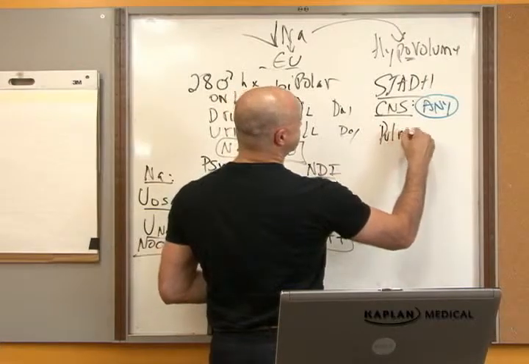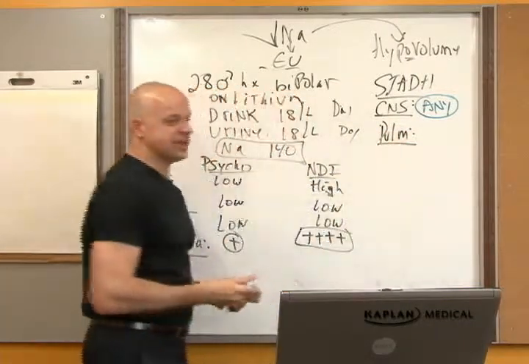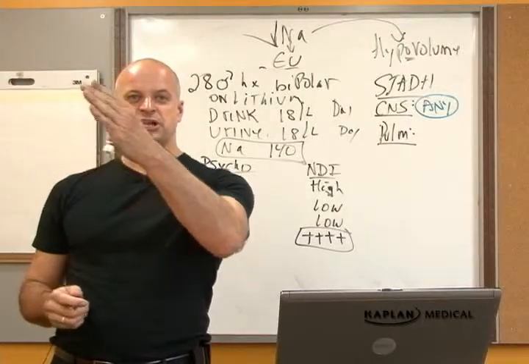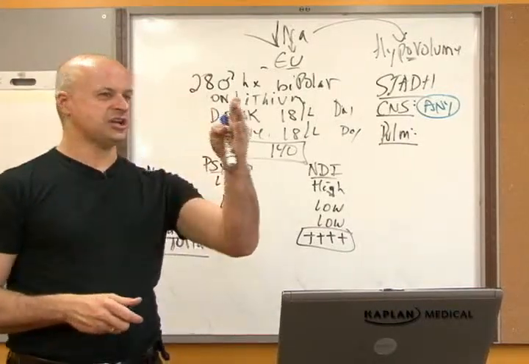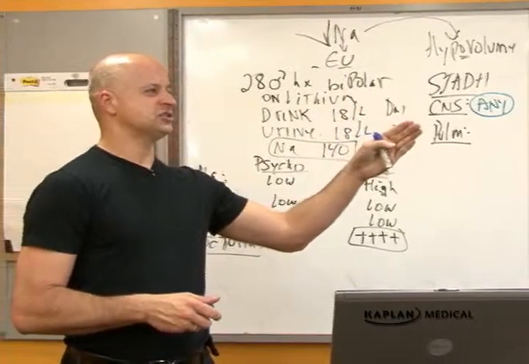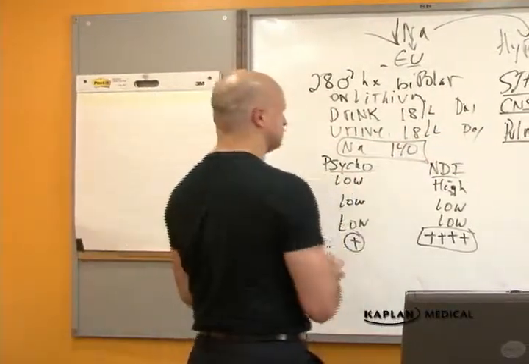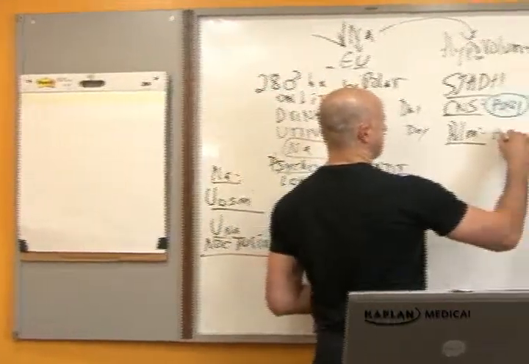What in the lung can cause SIADH? Pneumonia, TB, bronchitis, bronchiectasis, lung abscess, sarcoidosis, atelectasis, pneumothorax. It is anything.